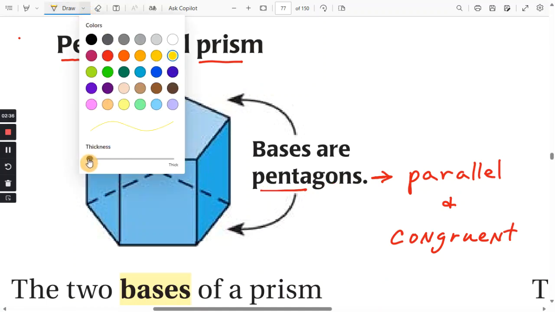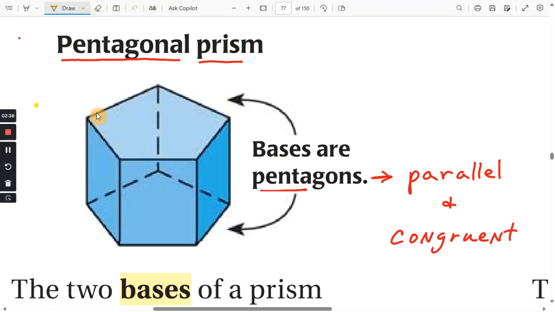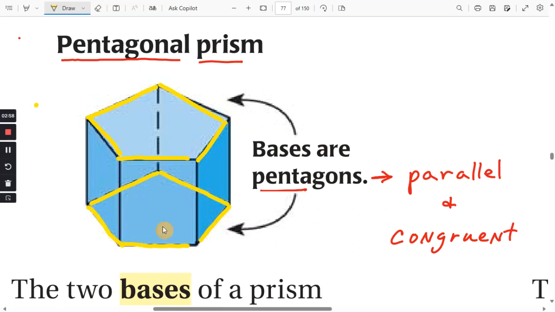If you look at the bases here, we have 1, 2, 3, 4, 5 sides. So that's a pentagon. And same with the bottom part: 1, 2, 3, 4, 5 sides. So the top and bottom are both pentagons.